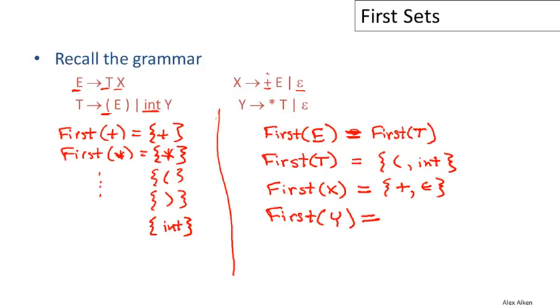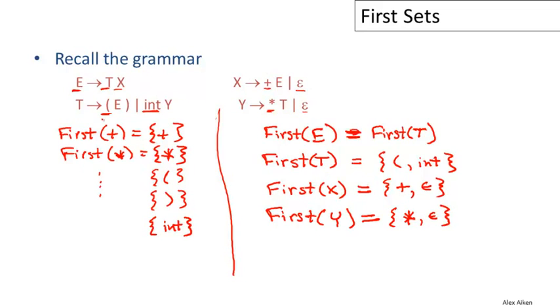It's a similar structure to the productions for X. We have one production that produces a terminal in the first position, and that's times. So the first of Y has times in it. And then Y also has an epsilon production. Y can go directly to epsilon, so epsilon is also in the first of Y.